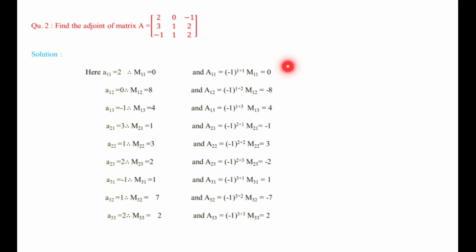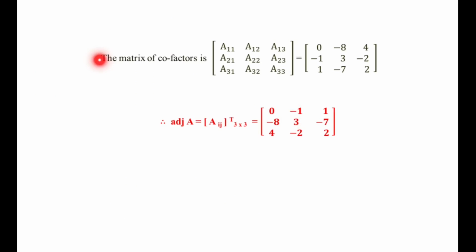Now you have to check the cofactors are 0, -8, 4, -1, 3, -2, 1, -7, 2, and from this we write the cofactor matrix. When we take the transpose of the cofactor matrix, it is nothing but the adjoint.